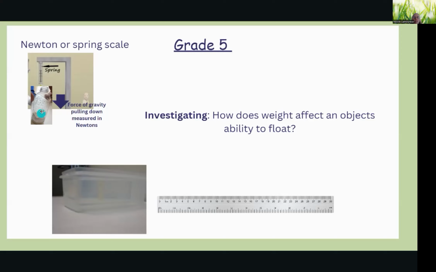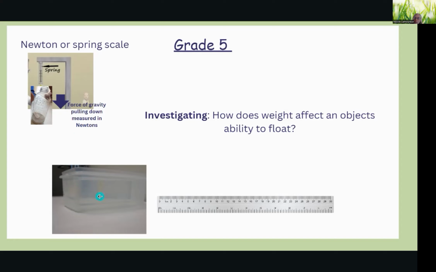But in any event, in this investigation, the boundary is they are taking an empty bottle of water and filling it with different amounts of sand, and they're going to measure. The different amounts, the force of gravity pulling down, is their manipulated variable, and the response is, does it sink or float?